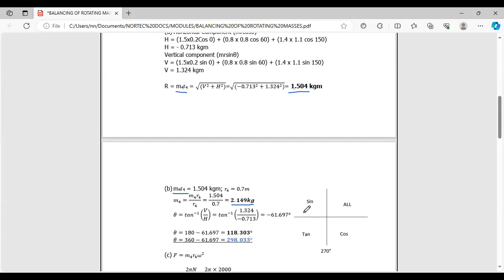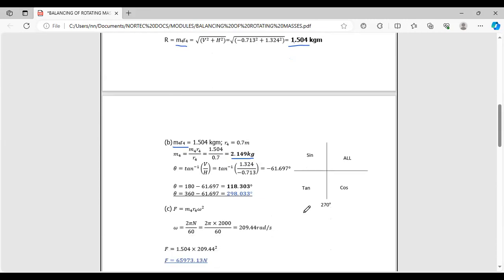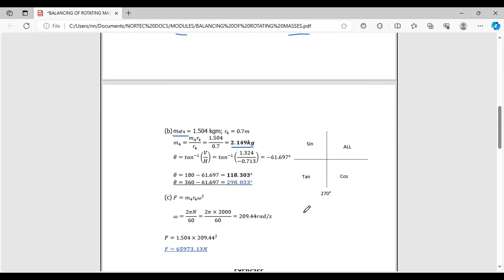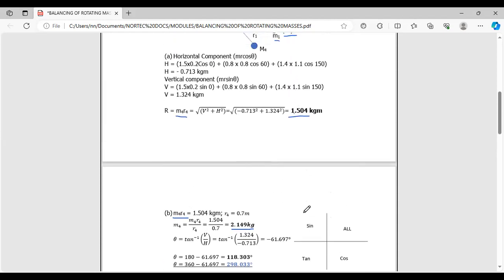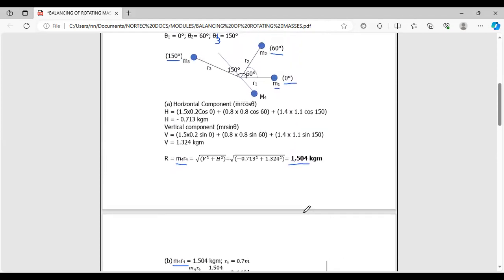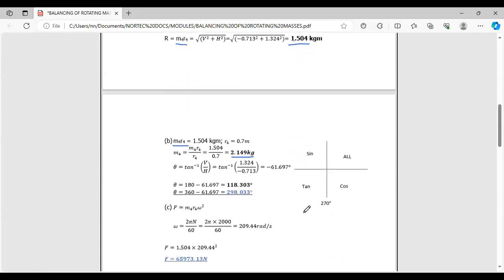And in this case, our V is 1.324. Now, 1.324 divided by negative 0.713. H, remember, H was a negative, V was a positive.